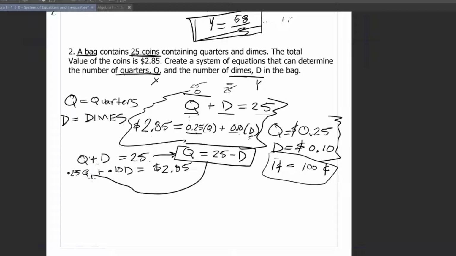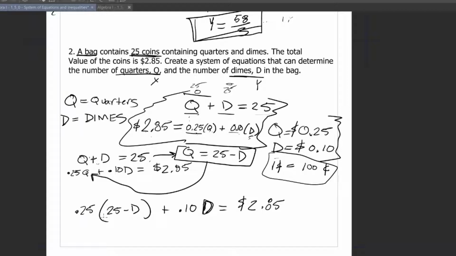We take that Q, we plug it in here, then we get 0.25 times 25 minus D plus 0.10 times D equals, let me make sure that's clear, $2.85. Right?